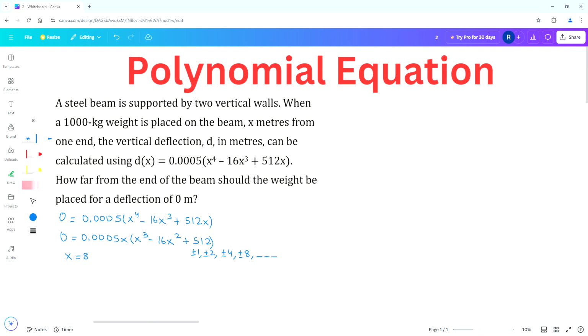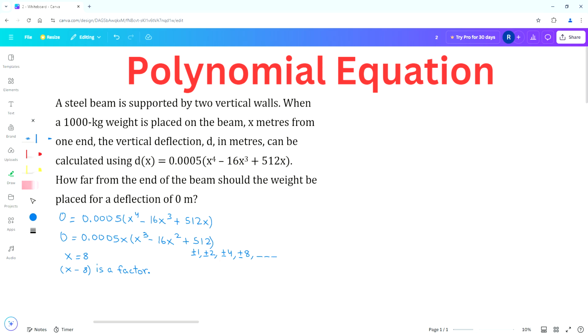That means x minus 8 is a factor of this cubic polynomial. Next, we have to use polynomial division to find other factors for this cubic polynomial in the parentheses.